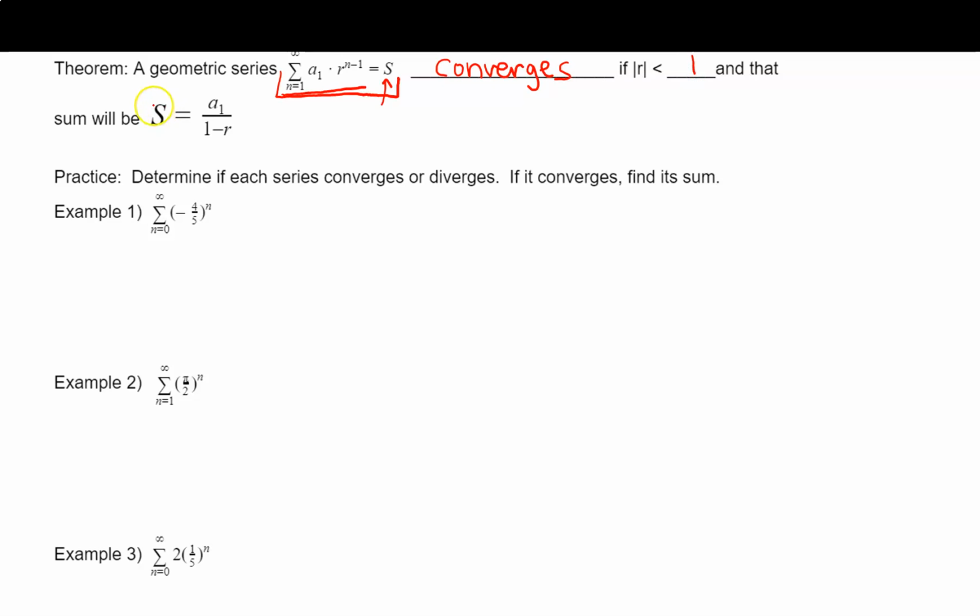And if it does converge, our sum is this formula. Now you'll notice this looks similar to the finite one, except we're missing that 1 minus r to the n piece that would normally go in the numerator.